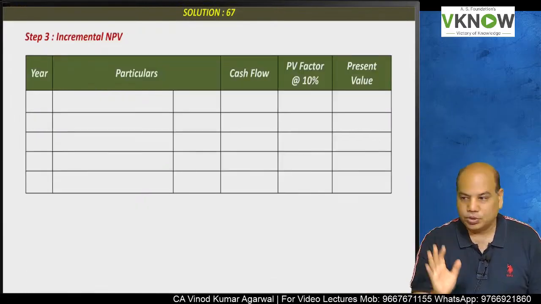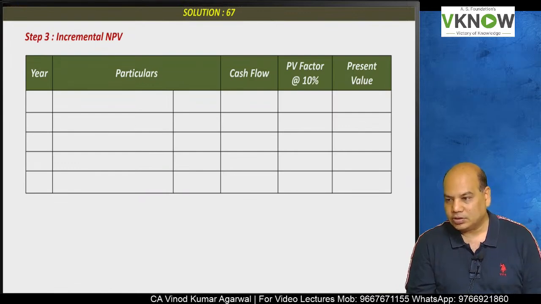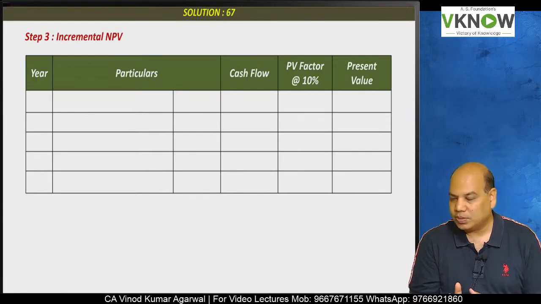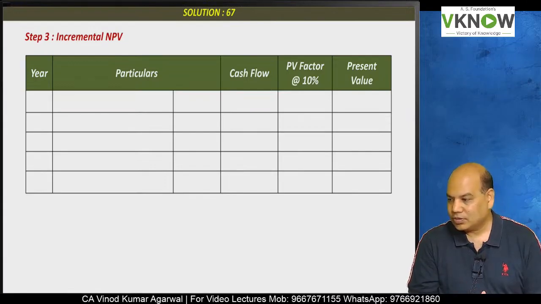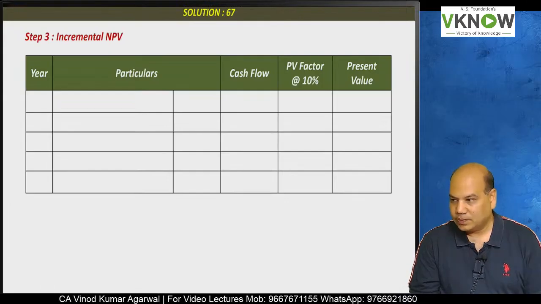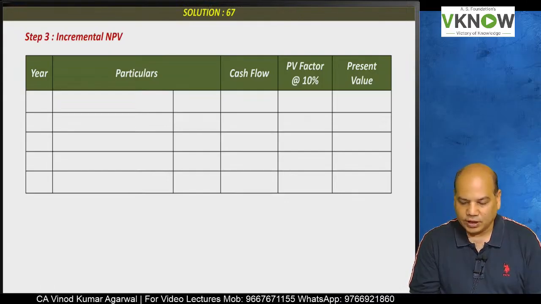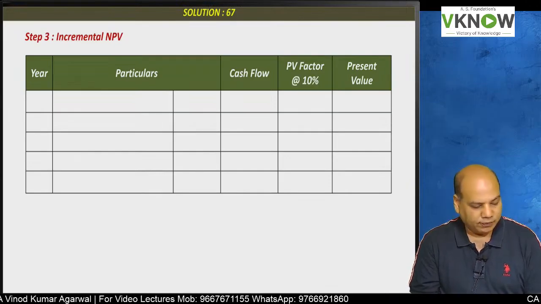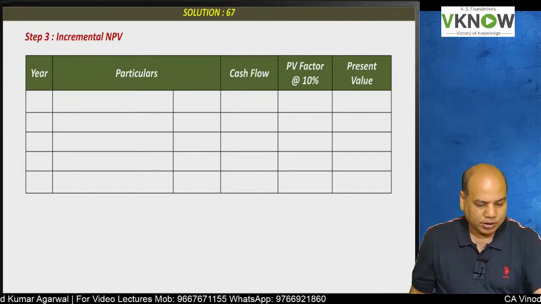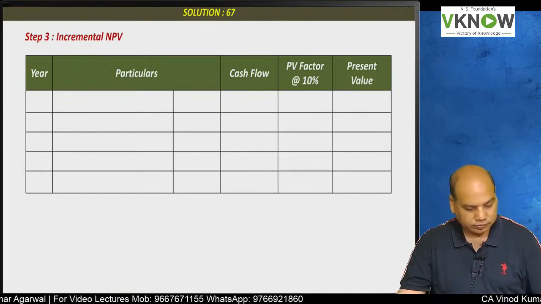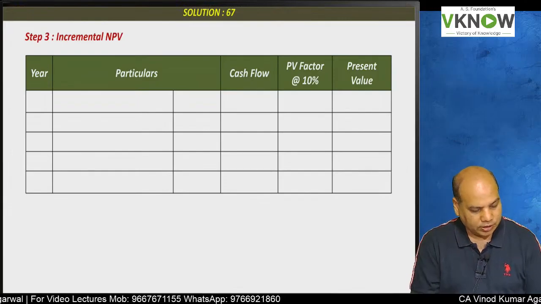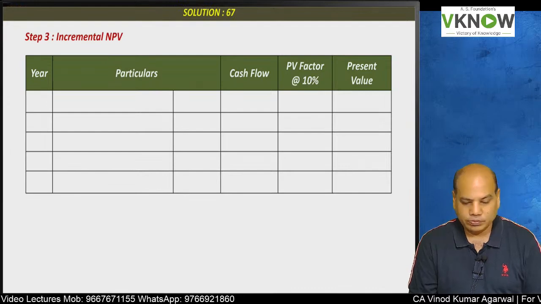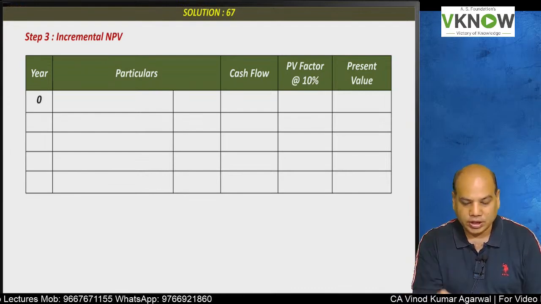Now we are ready to compute incremental NPV. Write down step 3. Write nicely, draw a table, use calculator, pen, pencil, scale. Incremental NPV, total 5 columns: year, particulars, cash flow, PV factor at 10%, and present value. Very easy, all working notes are ready.